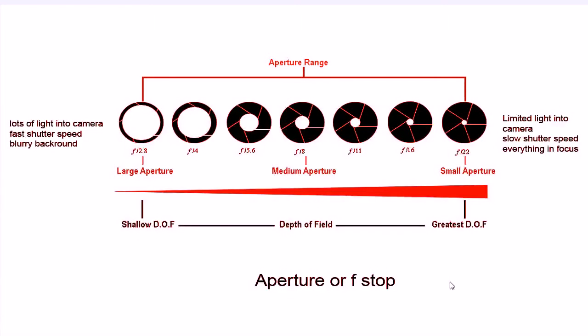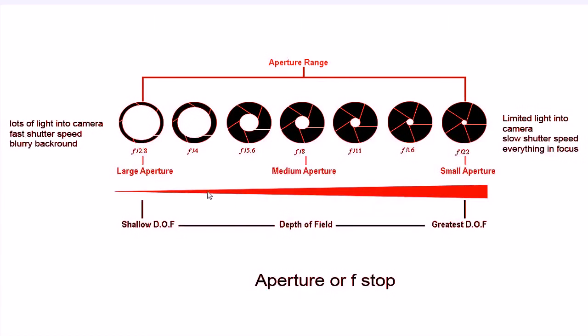Alright, what is aperture? Aperture is a hole or an opening through which light travels. Yes, it is simply like that. You can see here the f number, f2.8, which shows a large aperture, and f22, which is a small aperture.